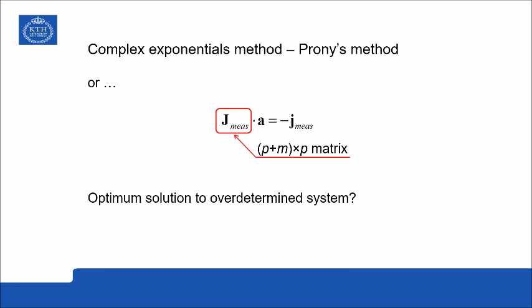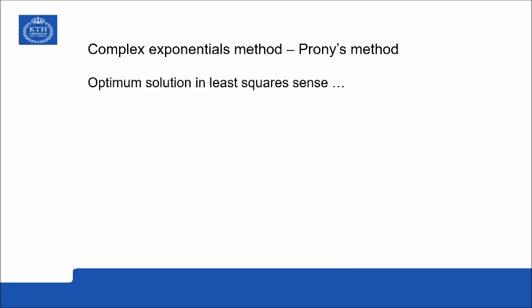The standard method to solve an overdetermined system in the least squares sense, that is, to find an optimum solution with a minimum least squares error, is to solve the normal equation. That is to multiply the system matrix from the left side with its own transpose.